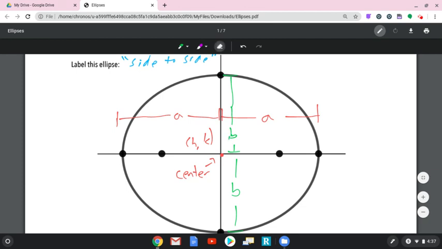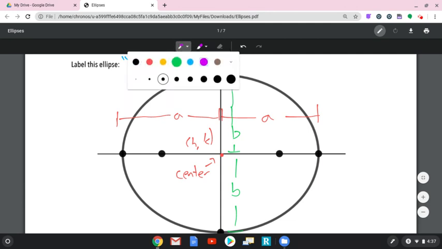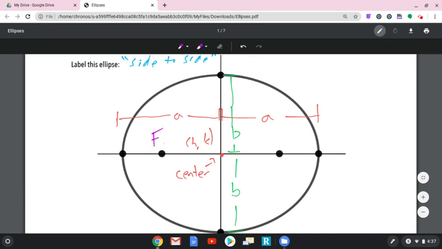Now, if it was an up and down, A and B would be switched. A would go vertically and B would go horizontally. We have 2 focus points, so we have foci 1 and foci 2.